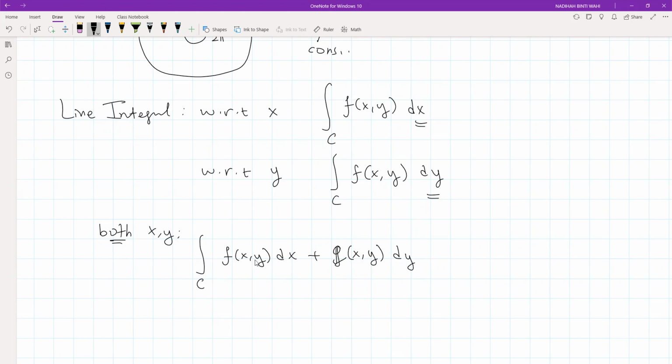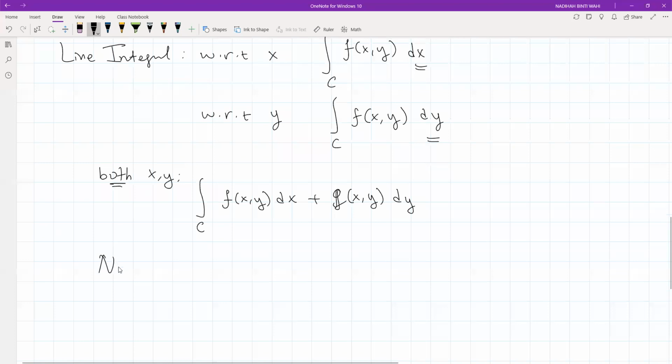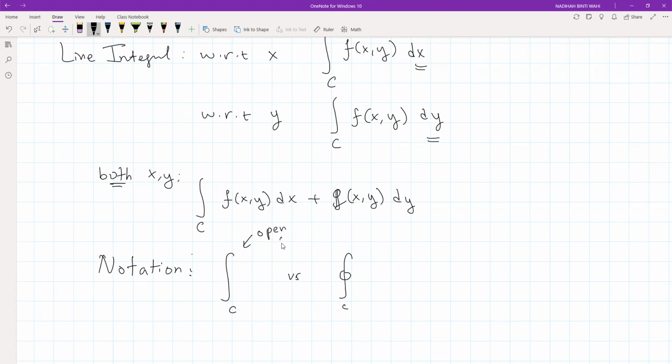So C can be closed or not closed. And then the notation is this C versus this C. So this means that this is an open curve. This means that this is a closed curve, because you have a small circle right here.